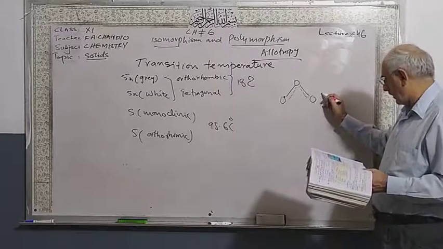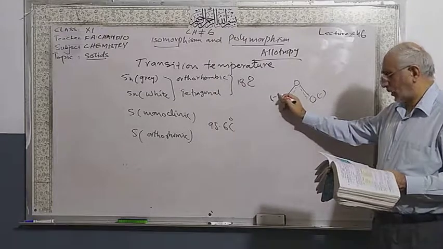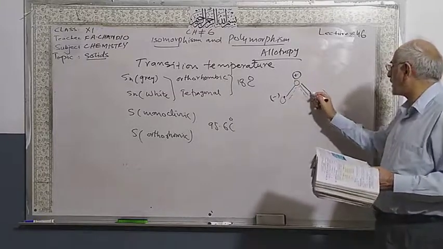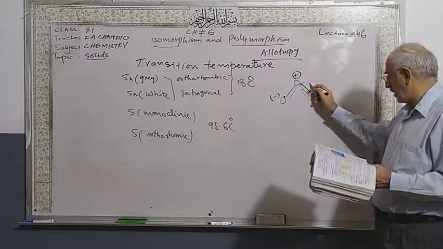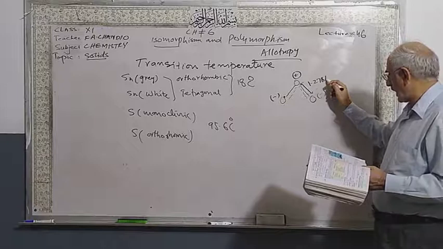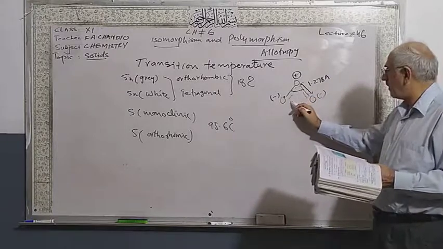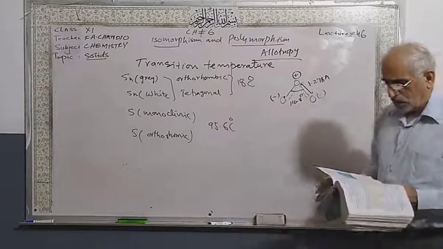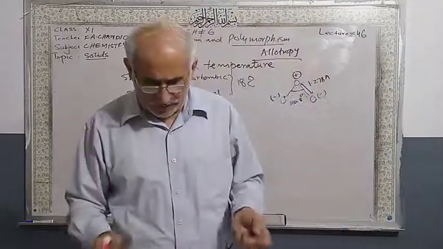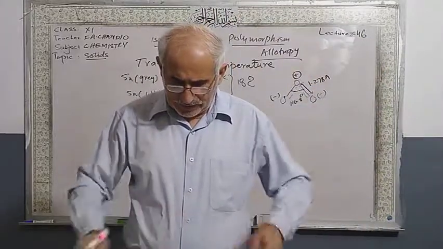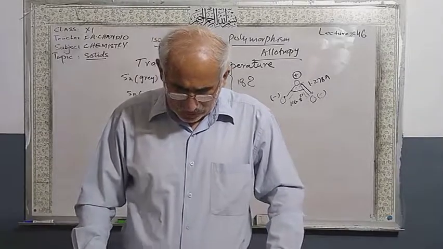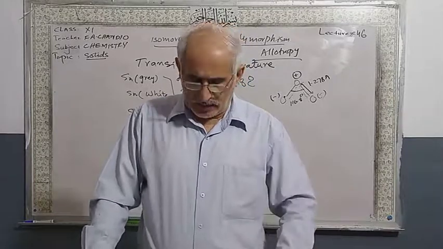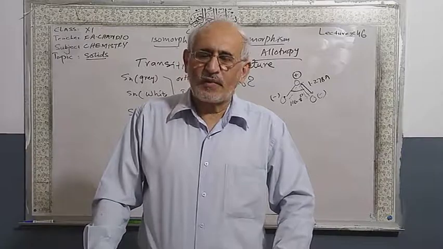Negative charge is here, negative charge is here, positive charge is here, and the distance between this oxygen and this oxygen is 1.278 angstrom, and the angle is 116.8 degrees. So ozone has a double covalent bond, one sigma bond and one pi bond, and a 117 degree angle is there. The ozone layer in the atmosphere acts as a filter and also decreases the intensity of the ultraviolet rays.